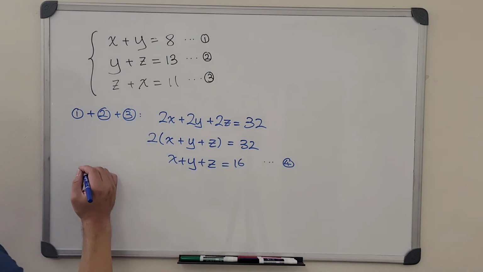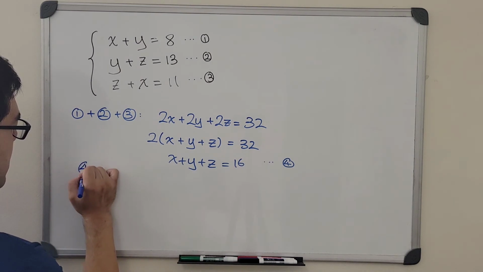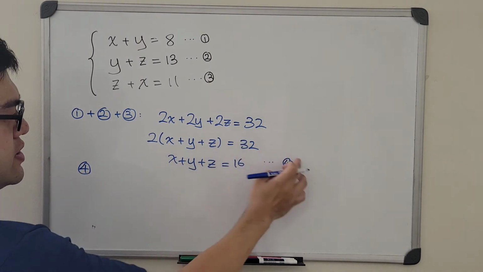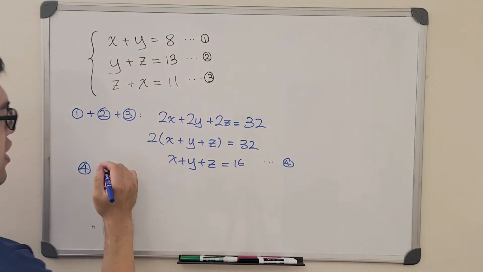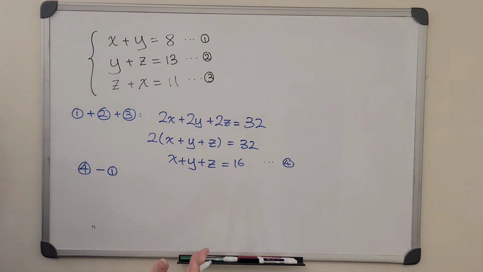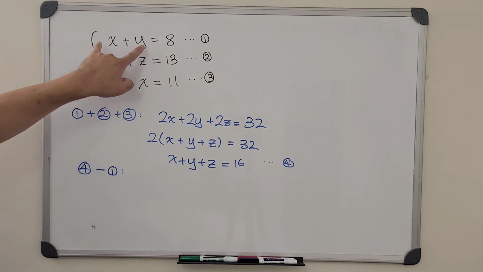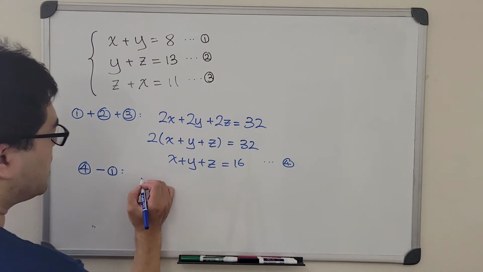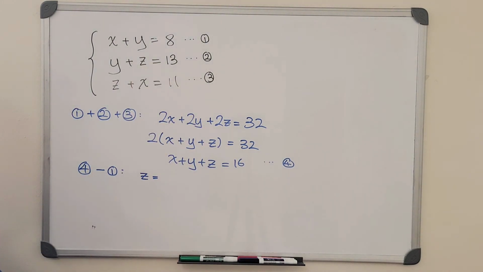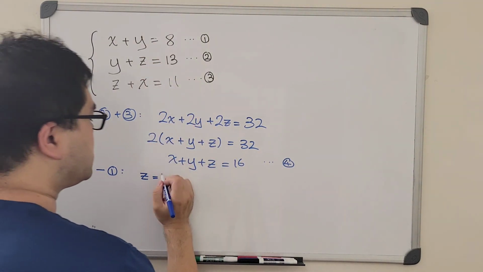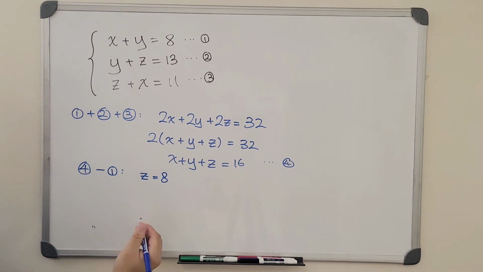Meaning, if we take equation 4 and subtract any of the equations, let's say equation 1, then we can see that x and y will be cancelled on the left-hand side, giving us z equals the difference on the right-hand side, which is 16 minus 8, which is 8.